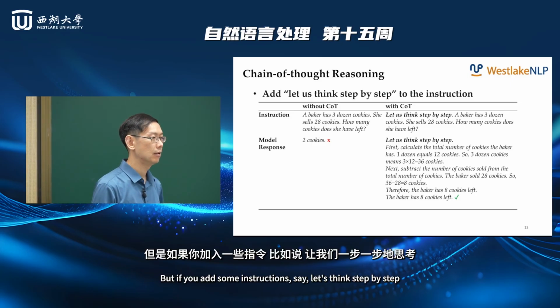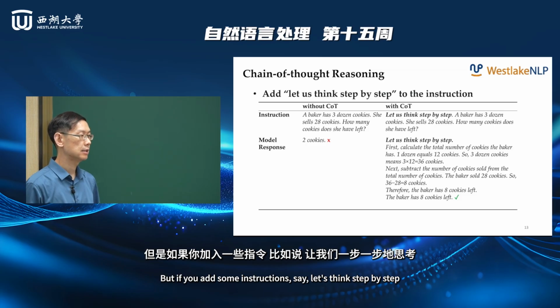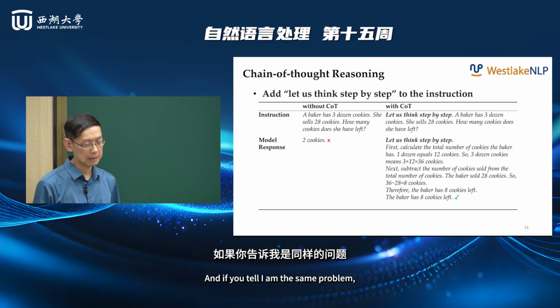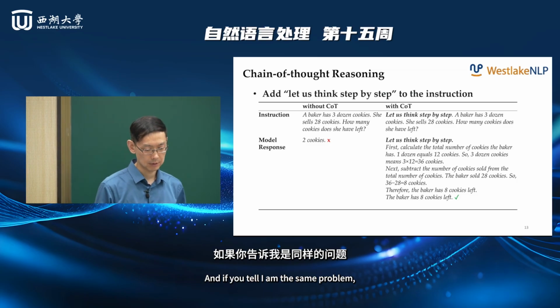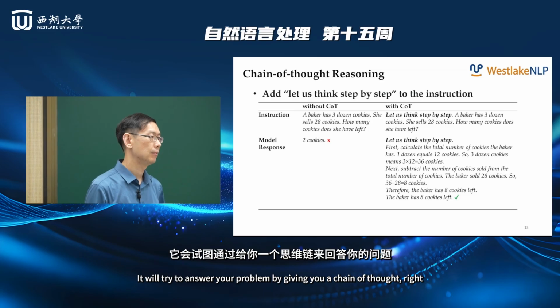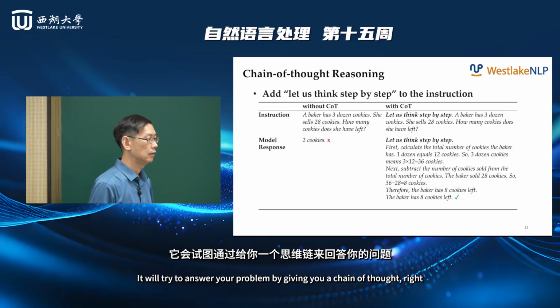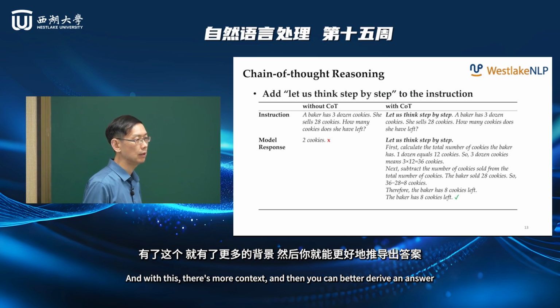But if you add some instructions, say, let's think step by step, and you tell the LLM the same problem, it will try to answer by giving you a chain of thought. With this, there's more context, and then you can better derive an answer.